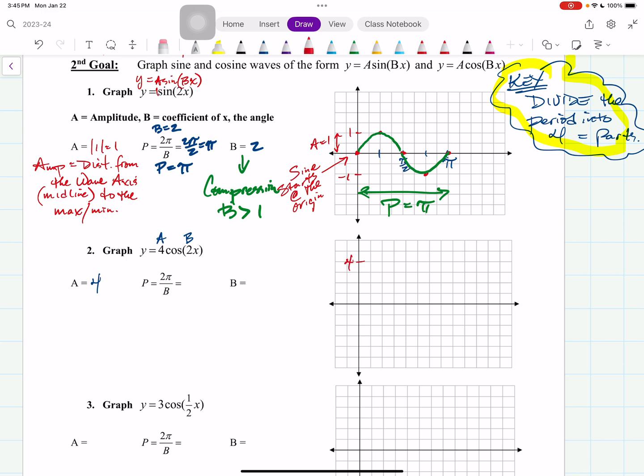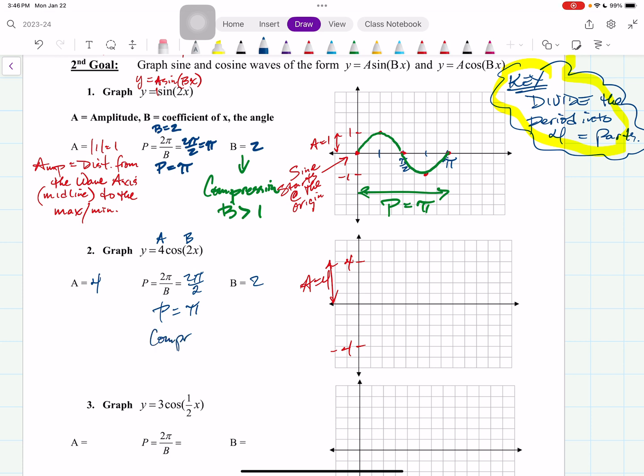So I scale the axes, go up 4, down 4, and understand that this represents your amplitude. And b is 2, so just like the other one, we have 2 pi divided by 2, which means the period is length pi again. So now we also have a shrink, a compression.